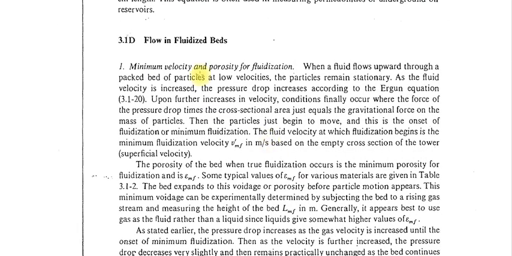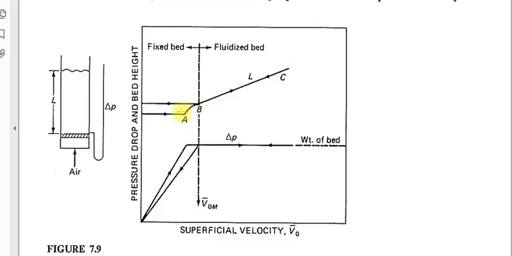Suppose we plot the superficial velocity of gas versus the pressure drop. Superficial velocity is the velocity of the fluid when we assume that the column is empty. So it is similar to the actual velocity.